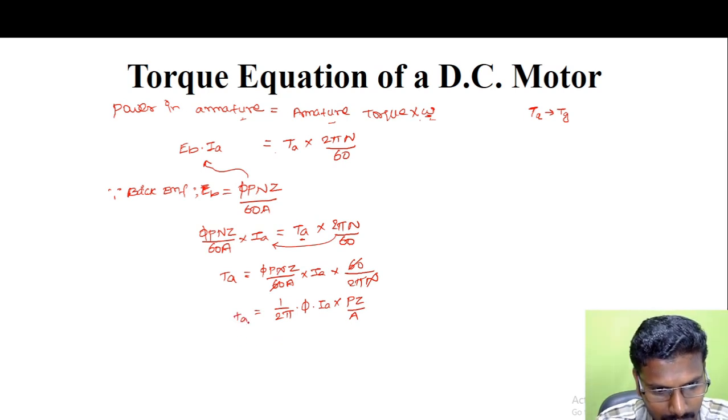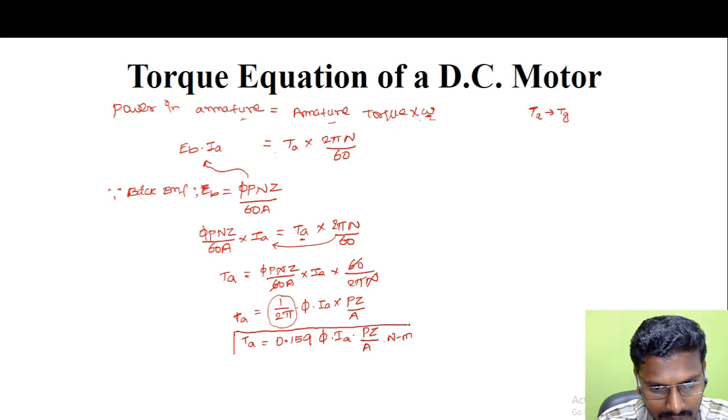This is the armature torque. When I simplify the 1 by 2π term, I get 0.159 φ IA PZ by A Newton meter. The unit of torque is Newton meter. So this is the final torque equation of the DC motor.